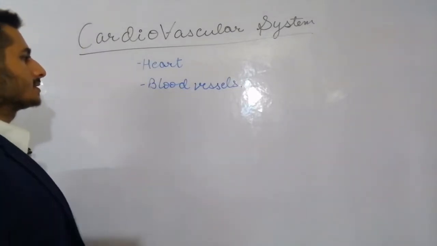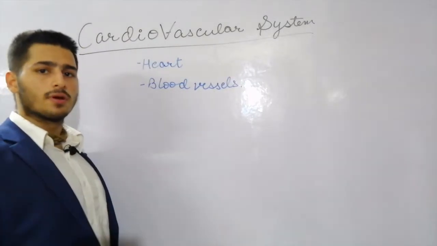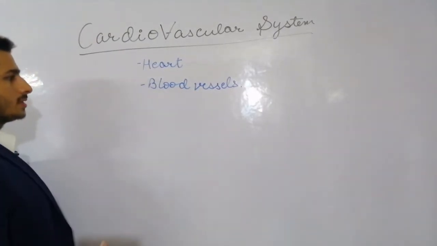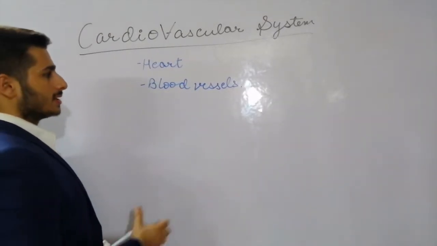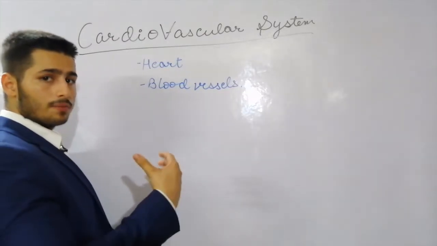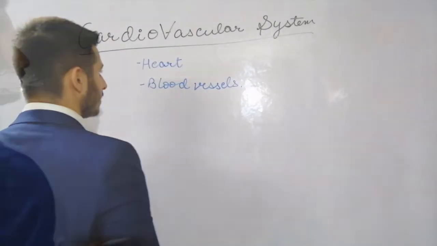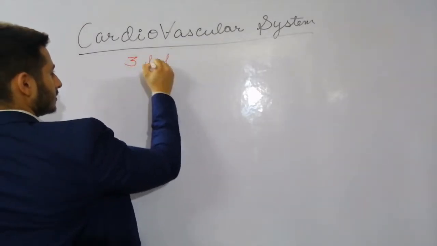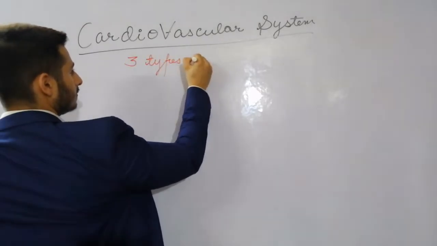The blood vessels transport blood from and to the heart. They are tubes, thin or thick, that transport blood from the heart to different regions of the body. We have three types of blood vessels.